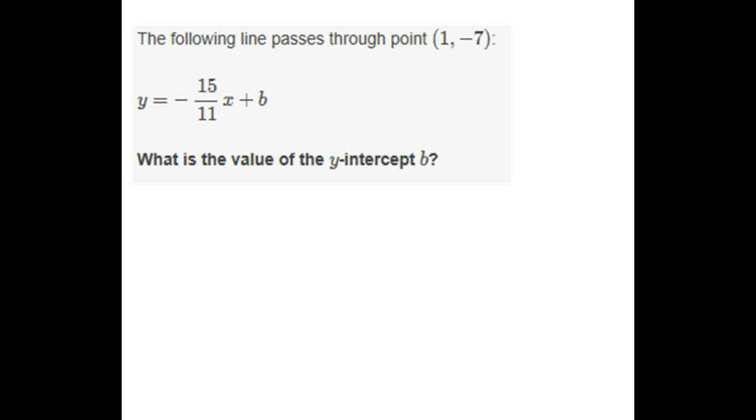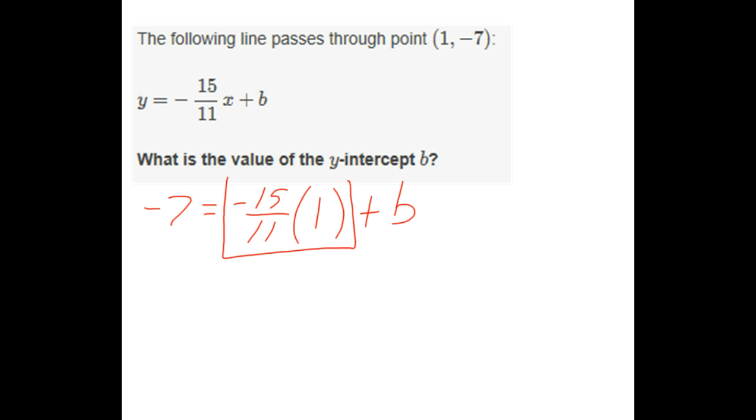Substituting our values. Y is negative 7. That is equal to negative 15/11 times x. X is 1, plus b. First step, substitute my x and y values. Second step, I am going to simplify what is on the side of my letter, which means I'm going to multiply.